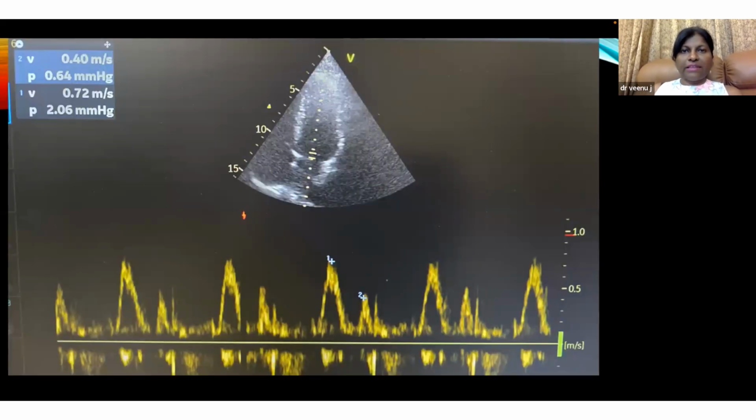So this is one of the athletes. This is an endurance athlete whom I have seen. So I have just put some pictures. This endurance athlete had symptoms, but the echo didn't show any features of changes, though the ECG did show some changes of the athlete's heart. Here we can clearly see the mitral valve pulse wave Doppler velocity, wherein we can see the E by A wave, and there is no diastolic dysfunction.